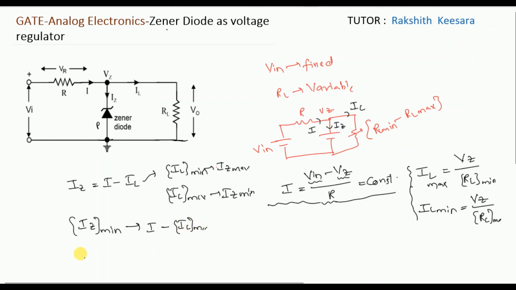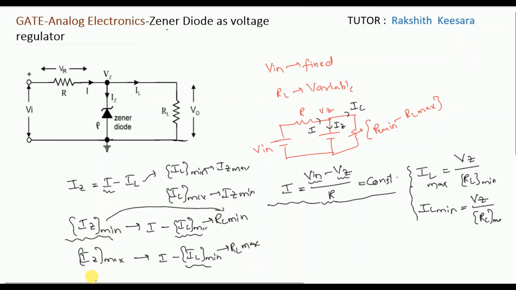I is a constant value. And what is the value of Iz maximum? I minus IL minimum. Since I is constant, Iz totally depends upon IL. So when is IL maximum? When the load resistance is minimum. When will IL be minimum? When the load resistance is maximum. So Zener current will be minimum whenever the load resistance is minimum, and Zener current will be maximum whenever the load resistance is maximum. So this is the third case guys.